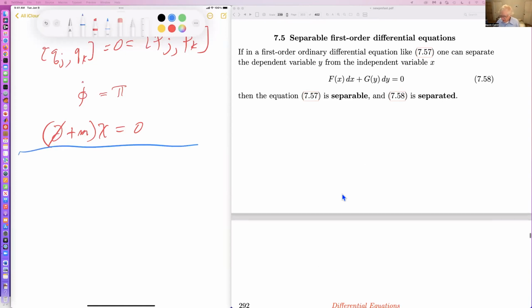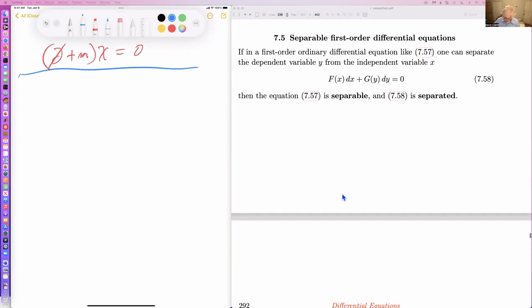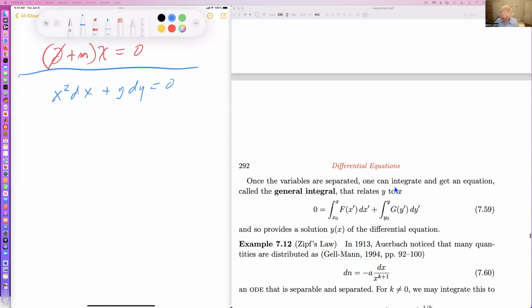Just to make sure that this is not so obscure, let me just try to do it on the fly. Suppose it's x squared dx plus y dy equals 0. Then, as I said over here, we just integrate that. So 0 is the integral of x squared dx from 0 to x plus the integral from 0 to y of y dy.